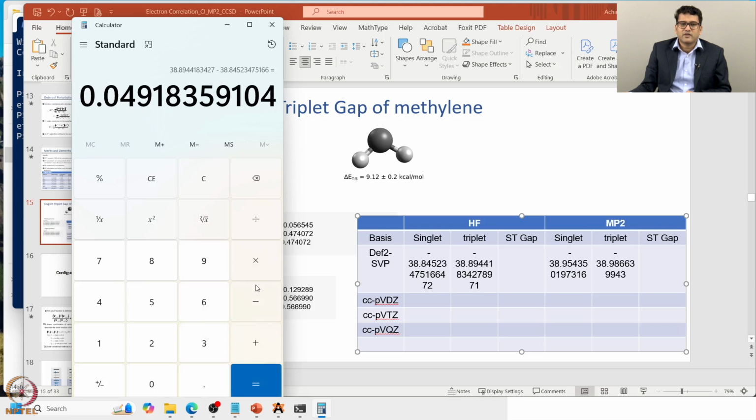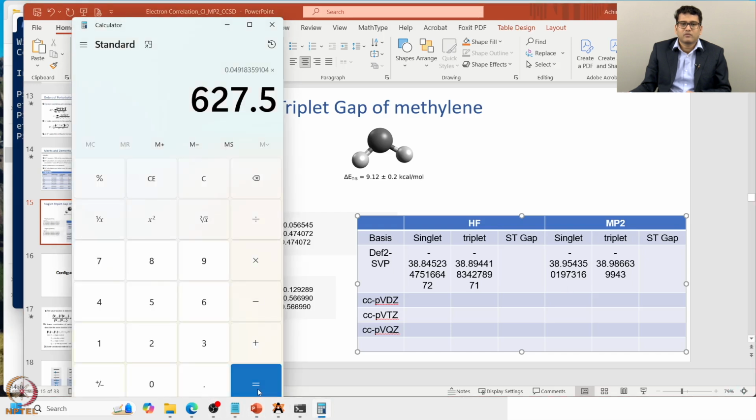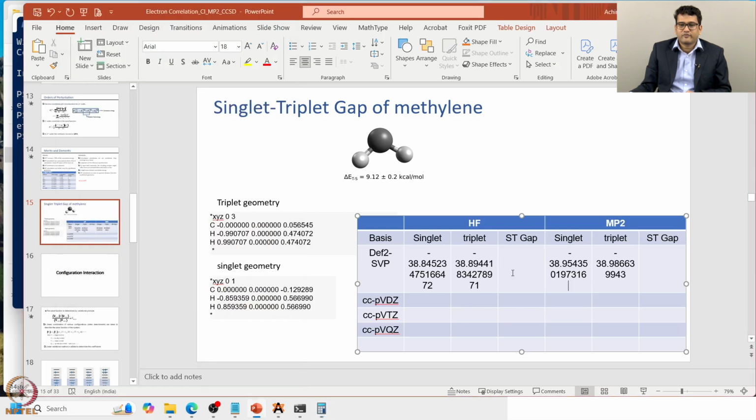And this is in atomic units. So to go to kilocalories per mole, I think the conversion is 627.5. The gap comes to be 30.